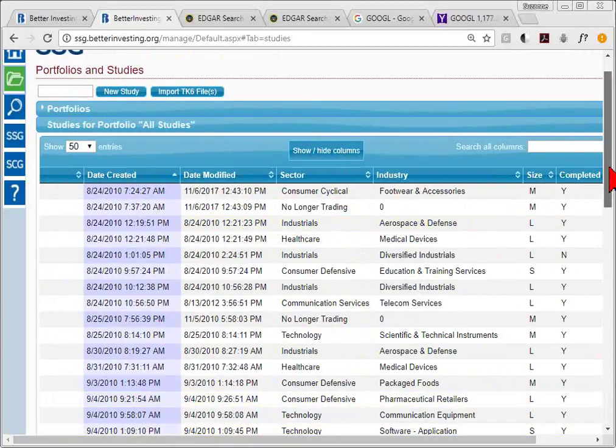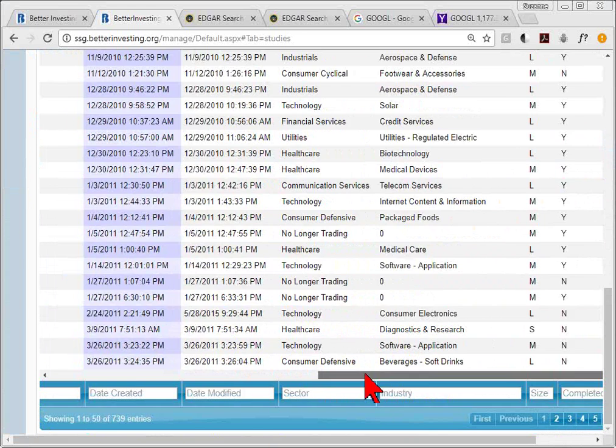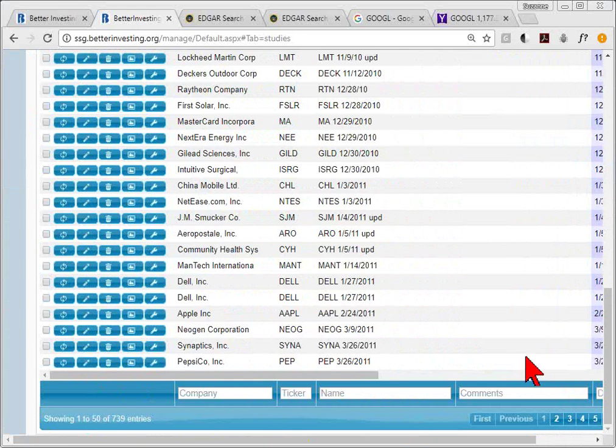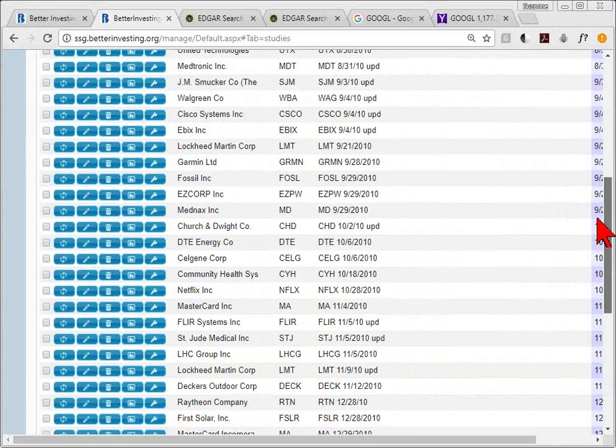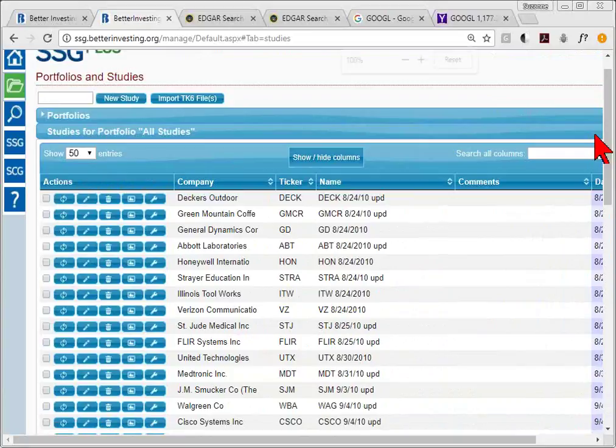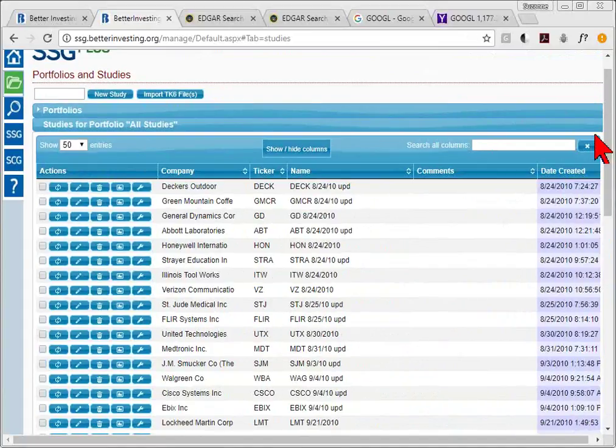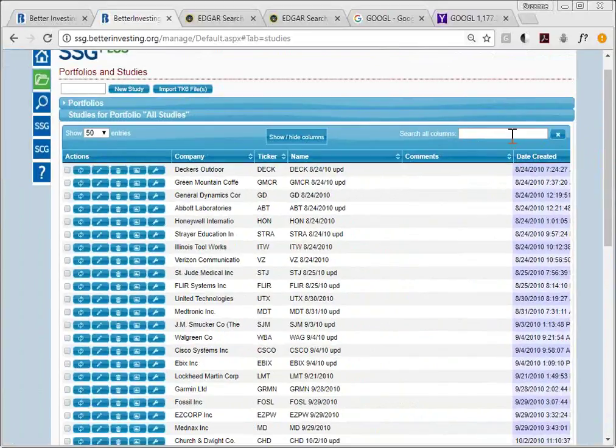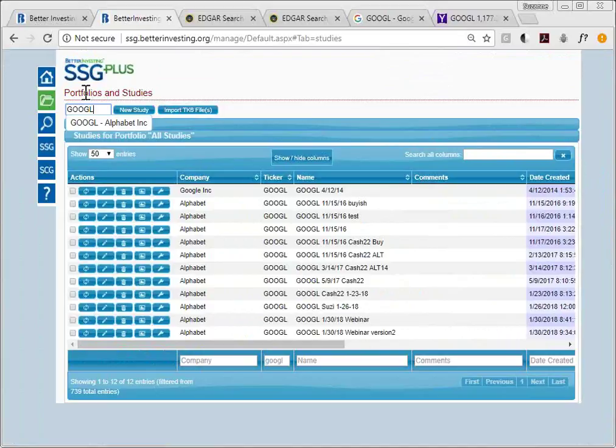And if I want to, let's say I know I did a study on Google in the past. I'm going to go back up to the very top and reset this a little bit. Actually, I'm going to make this screen a little bit smaller. And I can do two things. I can enter the ticker up here, and it will automatically filter my list.